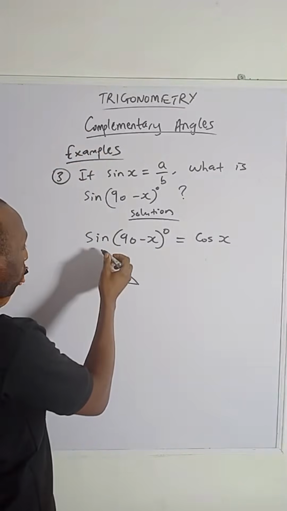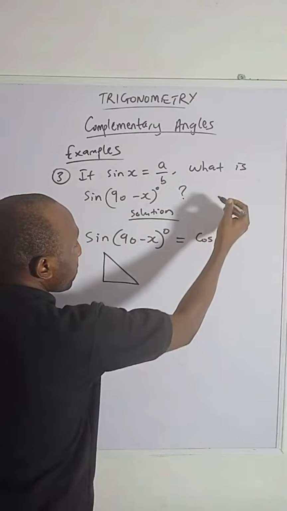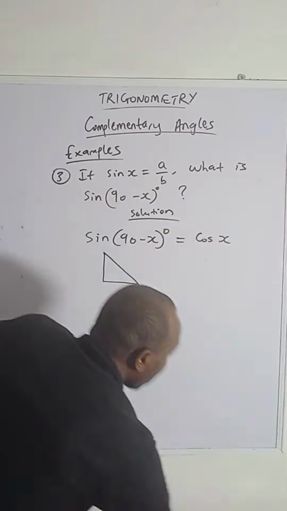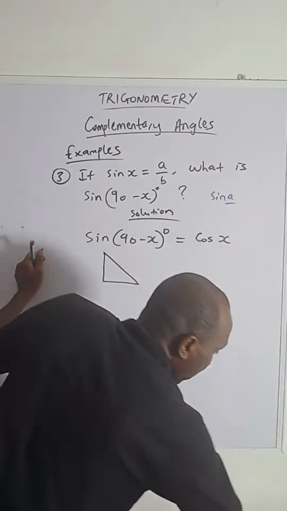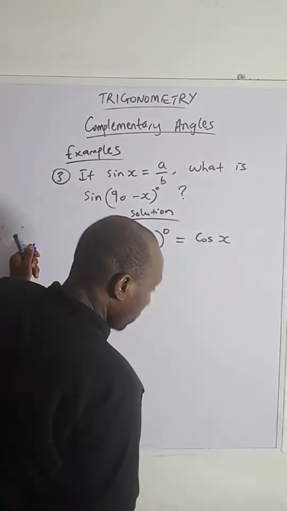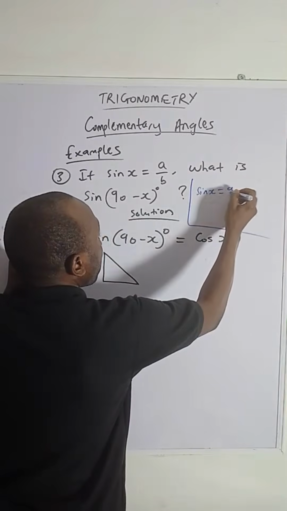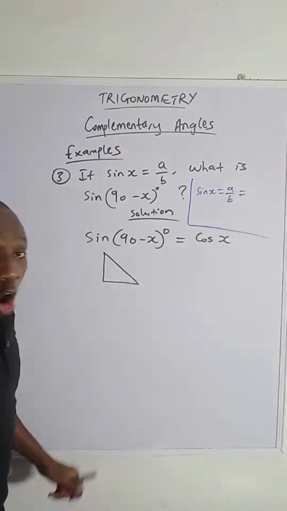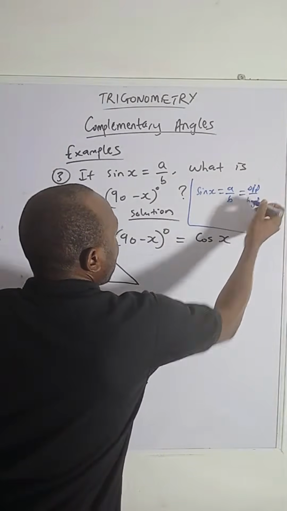All right? I'm going to call this a over b. Let's write something here. Sine x is equal to a over b, right? What's sine? Opposite over hypotenuse.